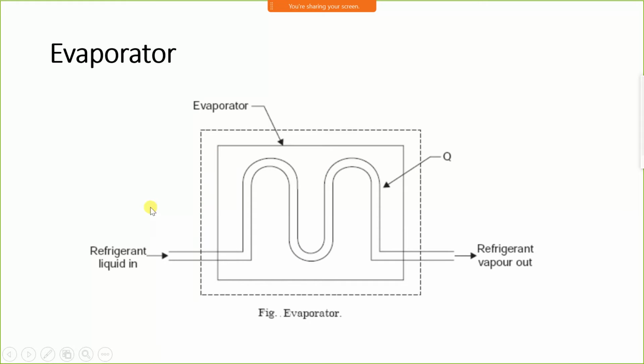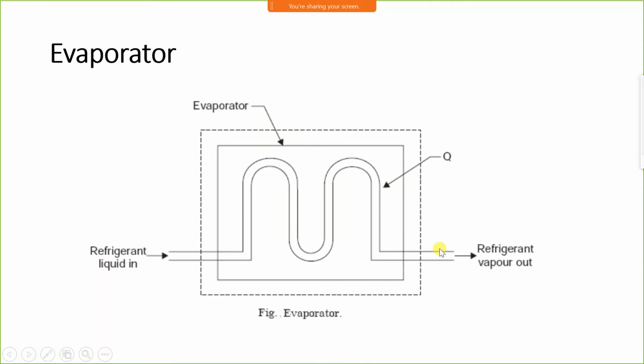Now, in this unit, there is no moving part, only one pipe is there, and therefore there is no work done.